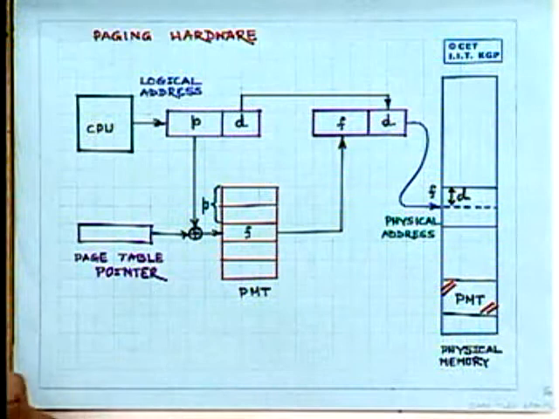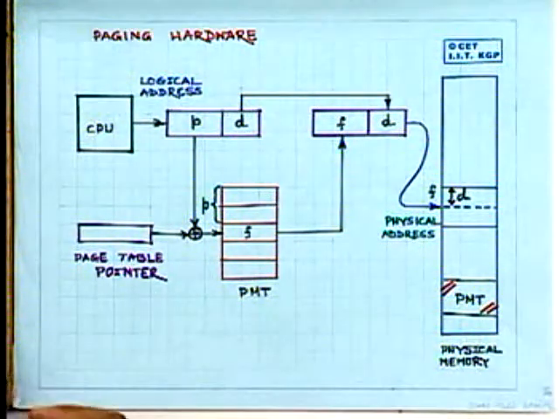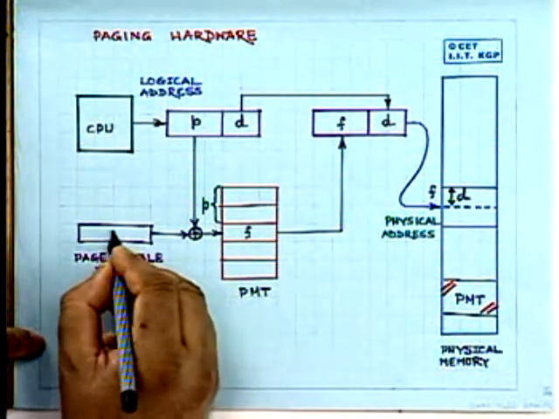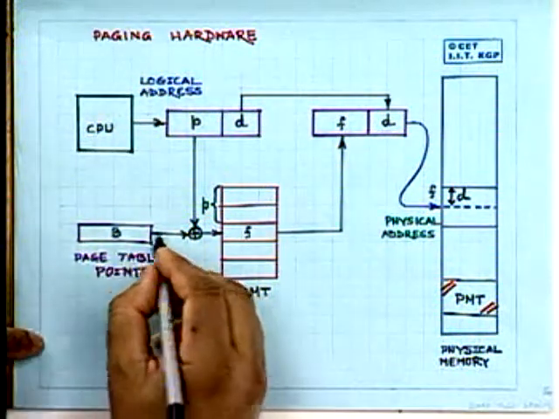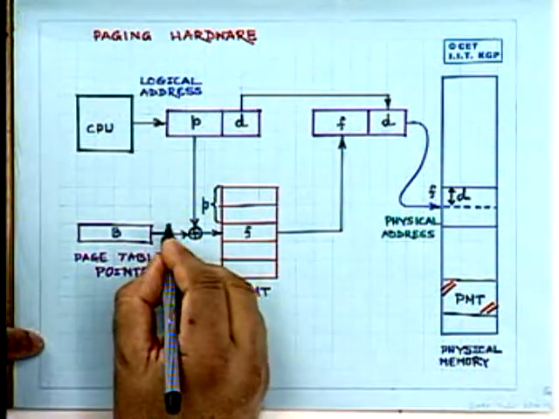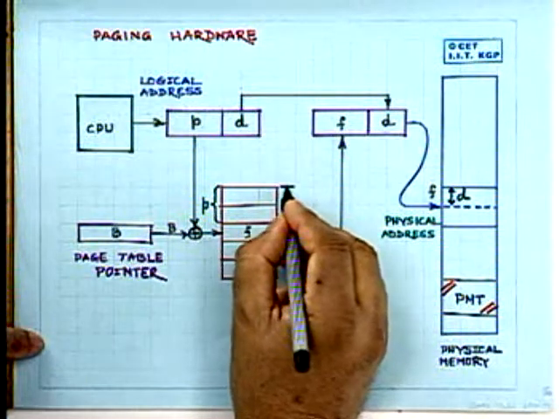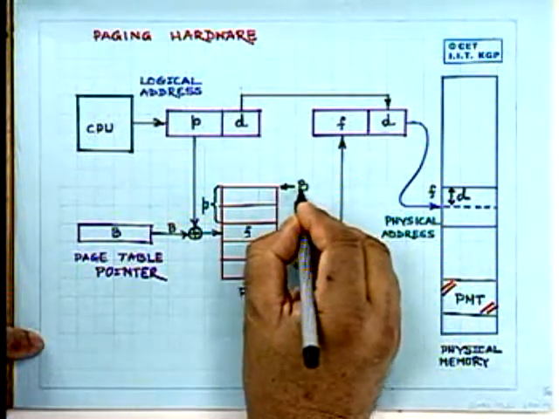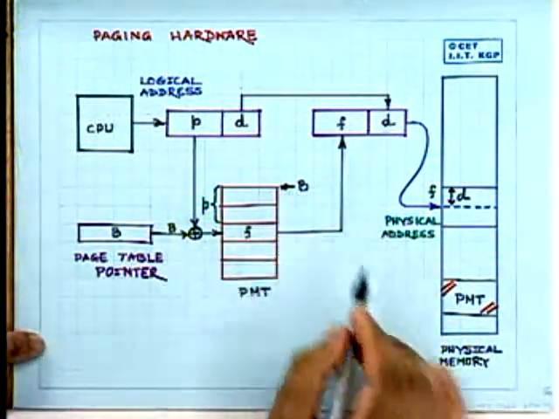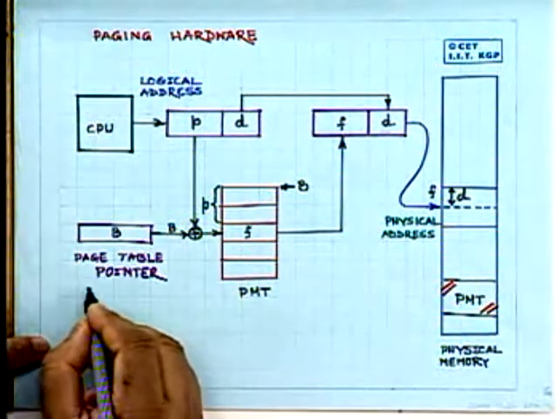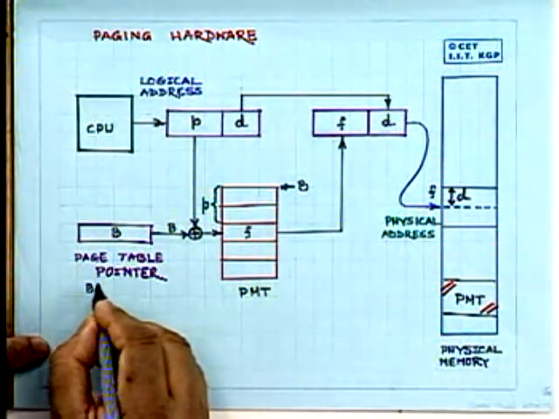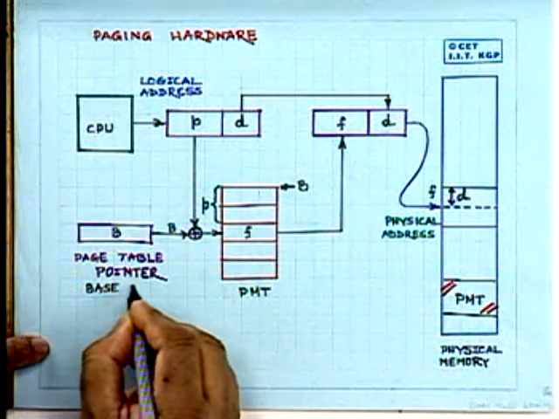Let me repeat. For example, if the entry of this page map table pointer is B, in that case the output is B, and that B is essentially here the base register, the base address. Sometimes it's called a base address also.